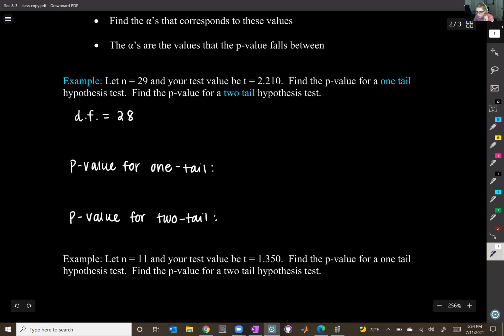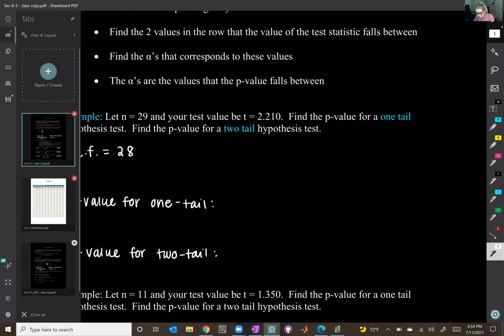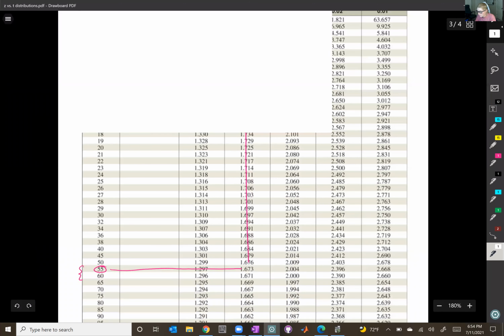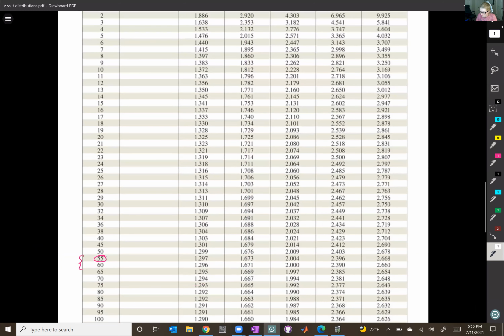Okay, so let me go to my chart. I'm going to erase what I have here. Our first step is to find the row corresponding to our degrees of freedom, and our degrees of freedom are 28. So that is this row.